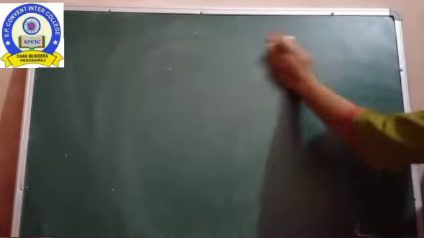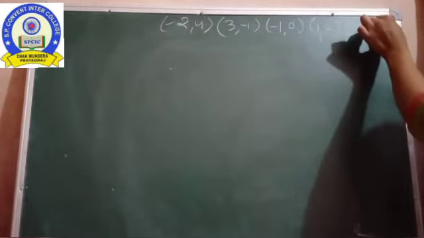The points are (-2, 4), (3, -1), (-1, 0), (1, 2), and (-3, -5).